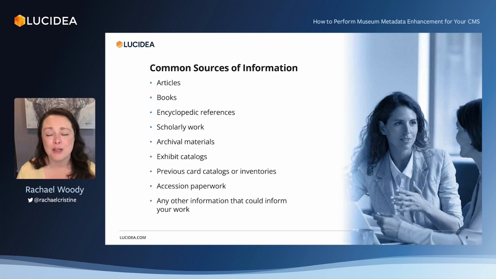There can be so much great stuff, even if you don't have an official archives, that it's worth checking out to see what is available and that you could dig into and use for your enhancement.